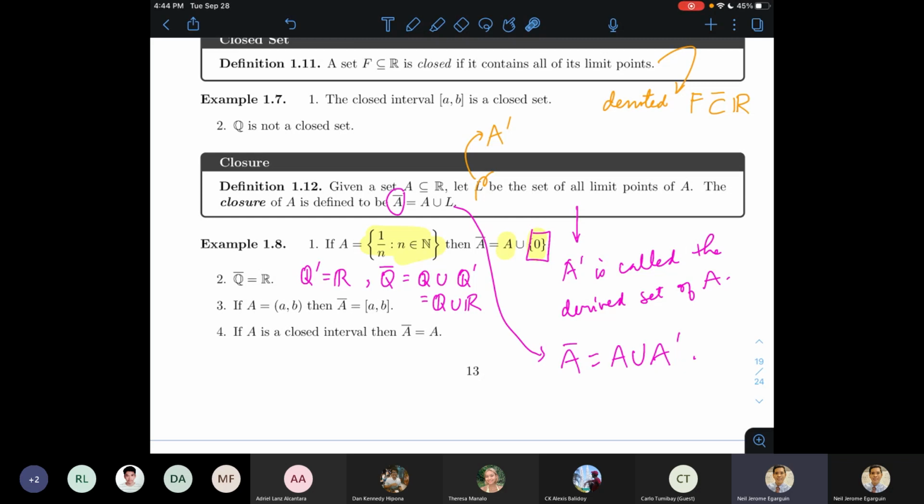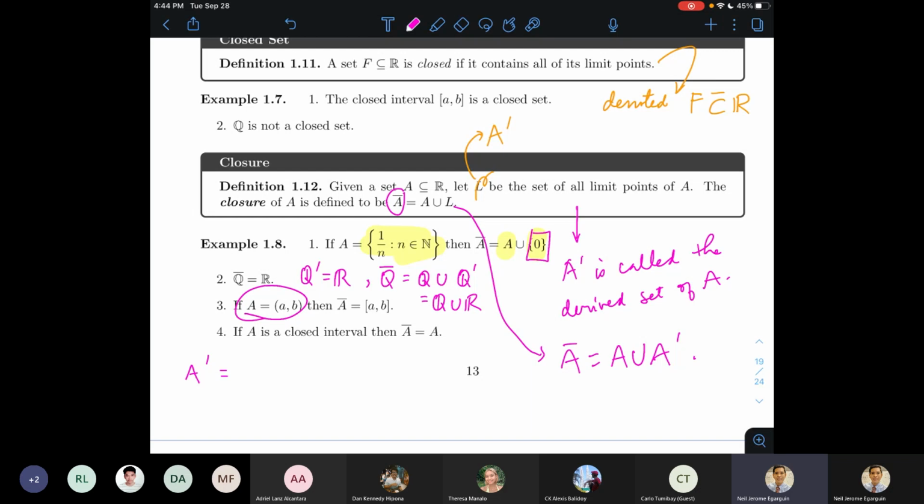All right. Now, for number 3, the set A is the open interval AB. So, kunin natin yung derived set ni A. Remember, ang derived set ni A, set of all limit points. And I guess it's easy to see na ito ay lahat ng nasa loob ni AB. Okay? Kasi lahat ng strictly nasa pagitan ni A and B are limit points of the open interval AB.